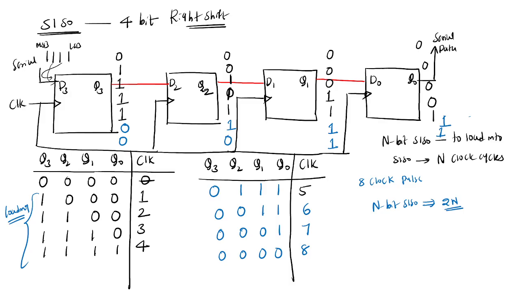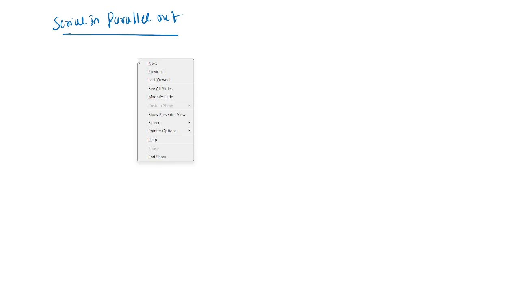Yes, sir, understood. Next, we'll see SIPO. SIPO means serial in and parallel out.